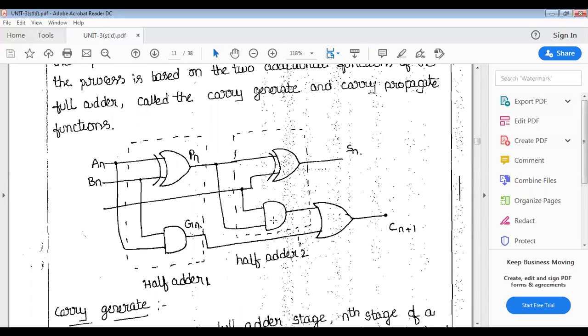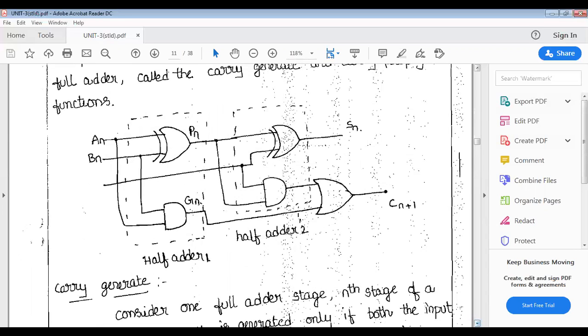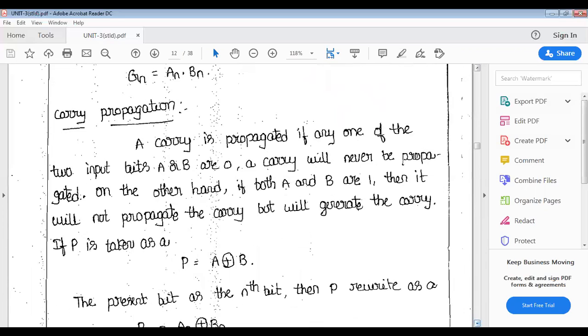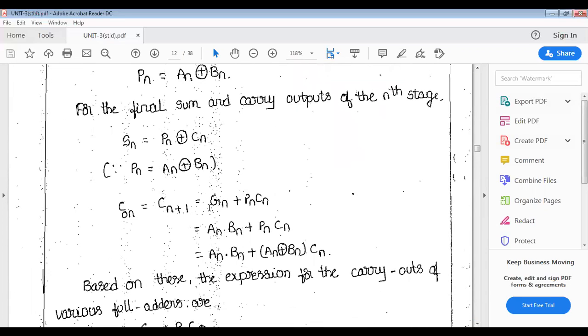Means Cn plus 1 is equal to Gn plus Pn into Cn. Let us see the equation here. So Gn plus Pn into Cn. What is a Pn? That is a carry propagate.